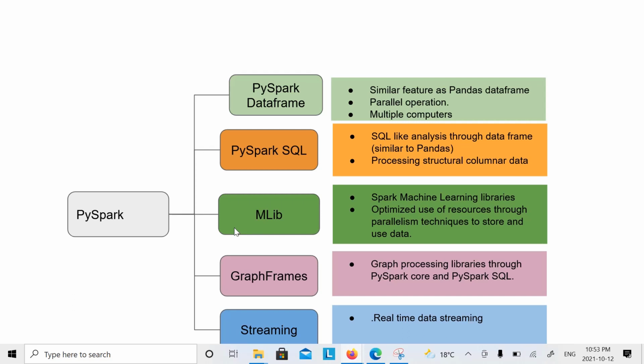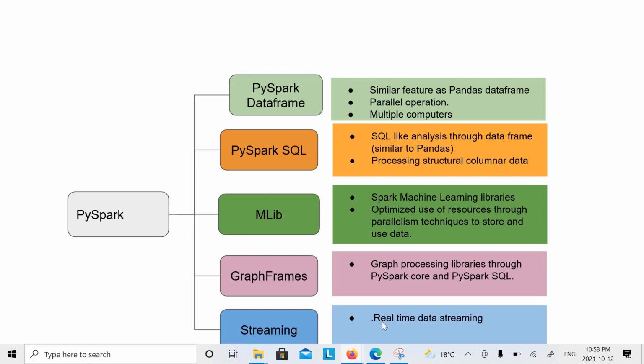Readily available Python machine learning libraries can be run on a Spark cluster. So that is the next set of possibilities. And of course, you can also run graphs. You can have graph processing libraries which are available in Python. Those can be run on a Spark data frame.